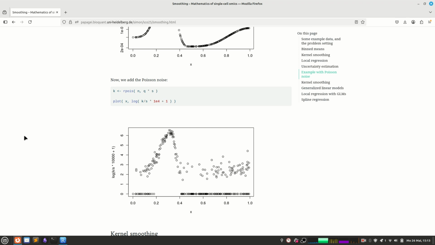And as you can see, this follows the value, and we have again our problem with the zero. All the cases where we got zero counts, they now sit here at the bottom. And this gap here between 0 and 2, between the cases of 0 count and of 1 count, is more or less driven by this scaling factor 10 to the 4, which is arbitrary. So this gap is also arbitrary. And now you can see where our problem begins.